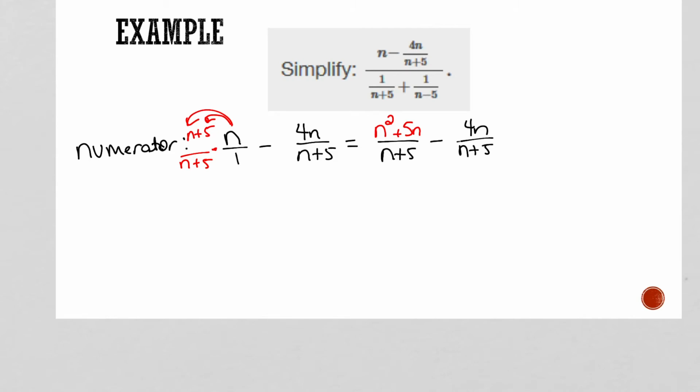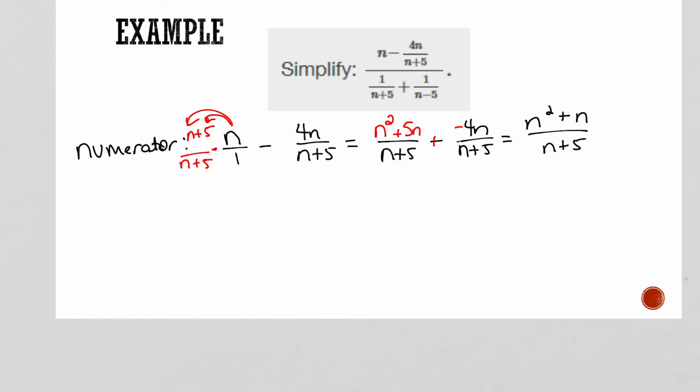Now, whenever I combine my like terms in the numerator, I end up with n squared plus n over n plus 5. Remember, your denominator doesn't change. So that's my numerator simplified.